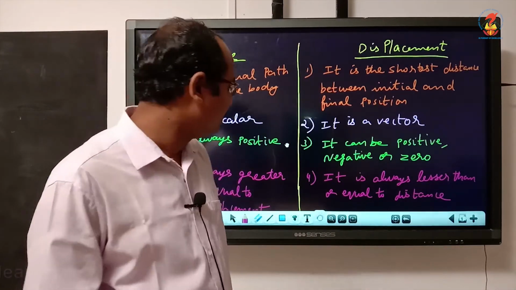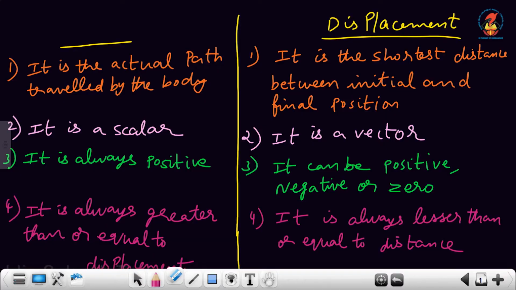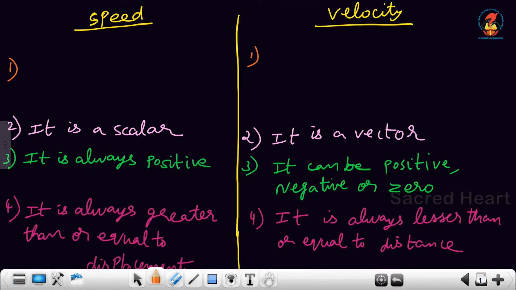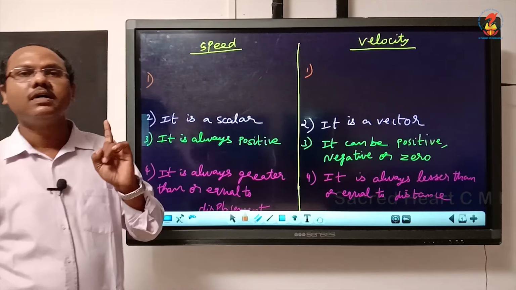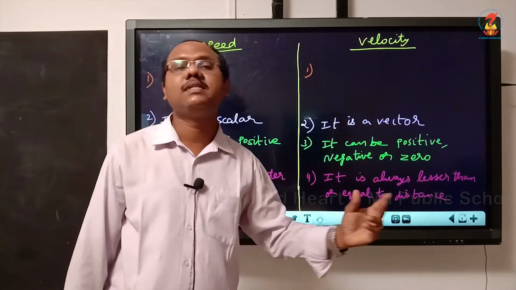Okay, therefore I can write the heading for speed and velocity. I told you speed is the attribute of distance, whereas velocity is the attribute of displacement.